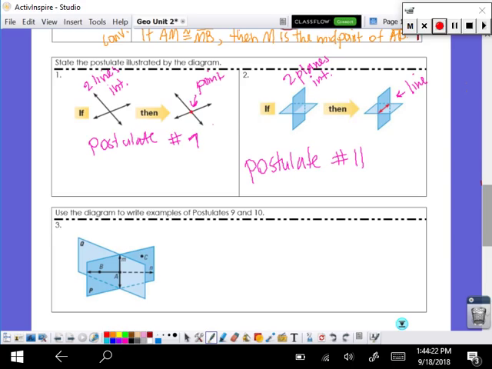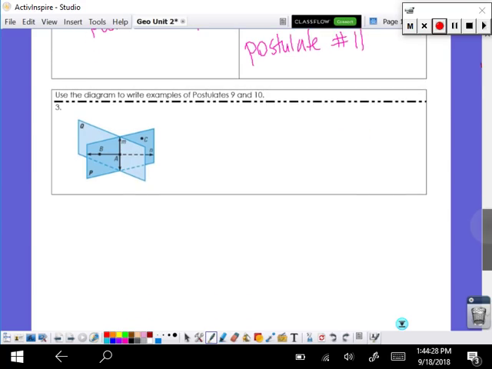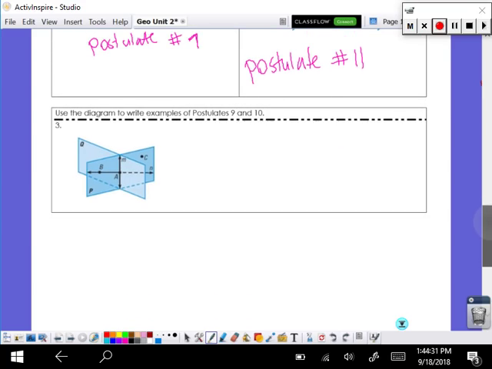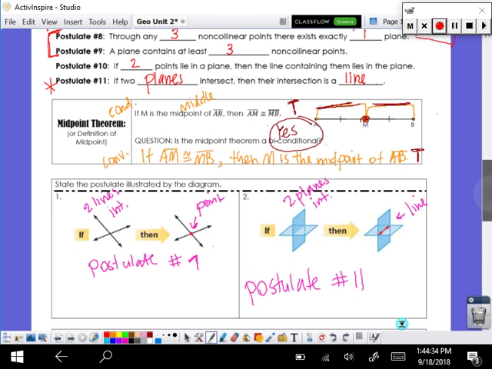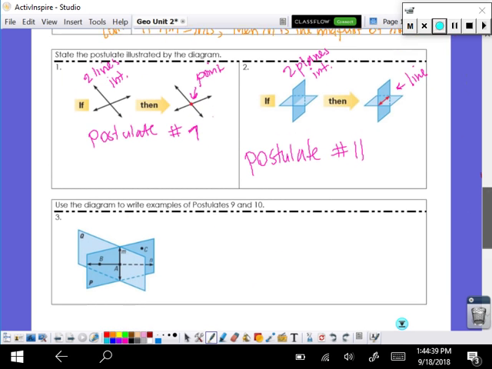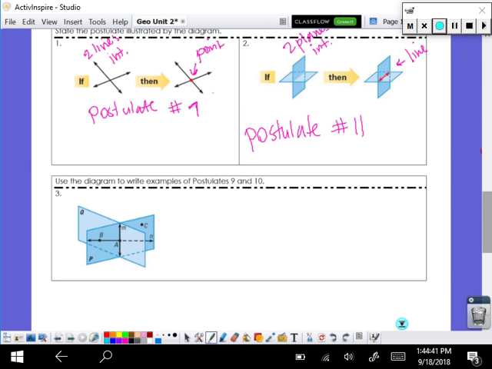Okay, and then this last one, number 3, we want to use a picture to give examples of postulates 9 and 10. Okay, so postulate 9 says a plane contains at least 3 non-collinear points. So we need to find one plane that has 3 non-collinear points on it.